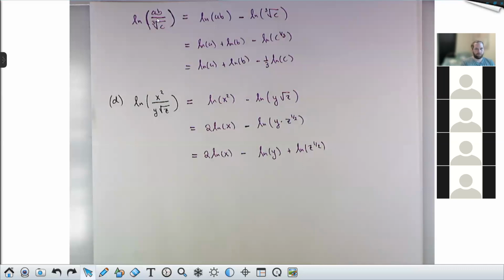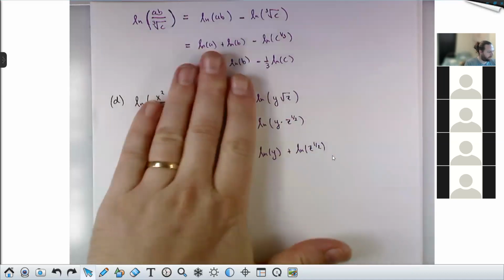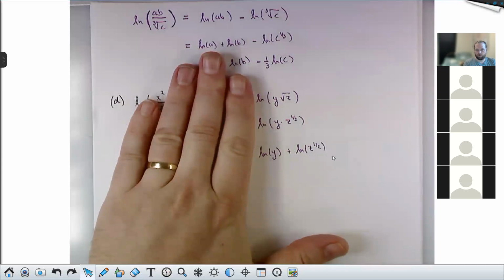Thinking about what we said here, that little mental check, every term that comes from the downstairs inside should be negative in the expanded version. Well, if I write this like this, this term appears to be positive, doesn't it? Now, covering up everything else, this is true.